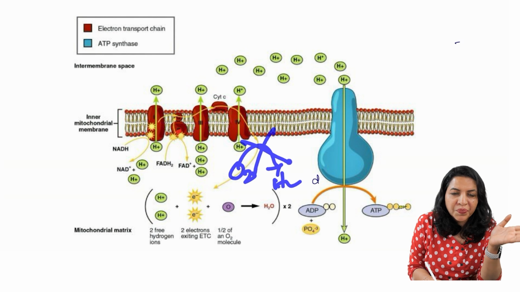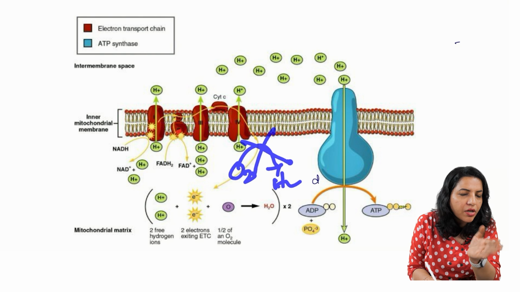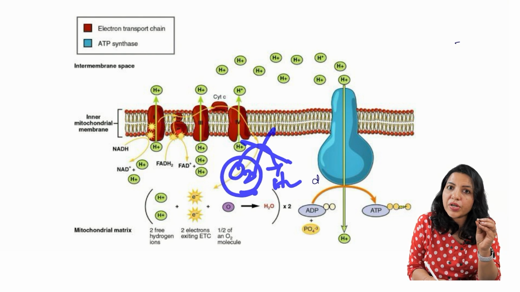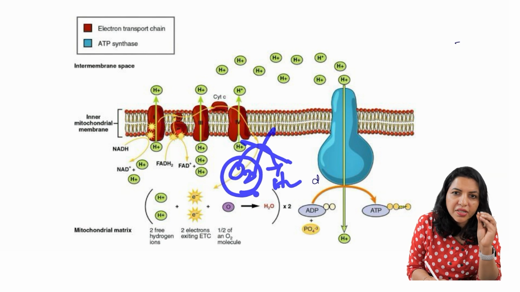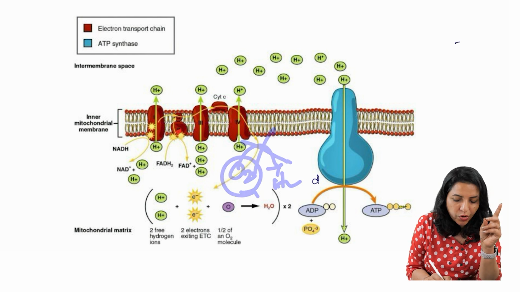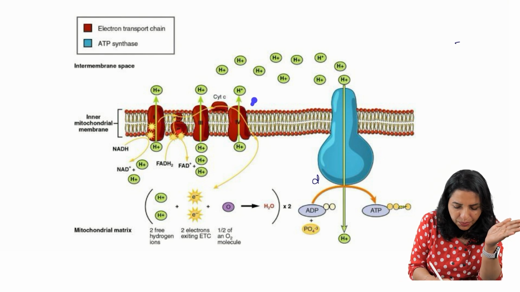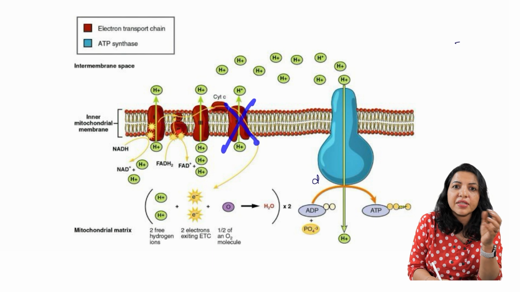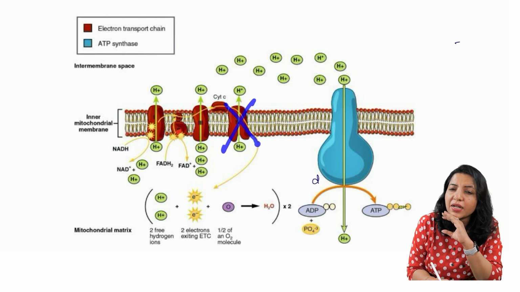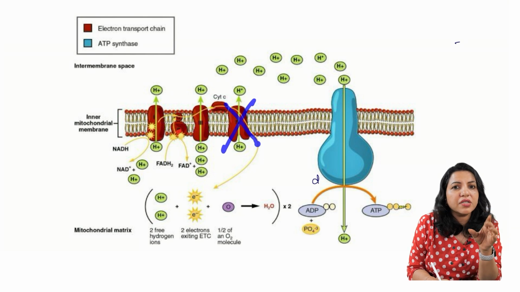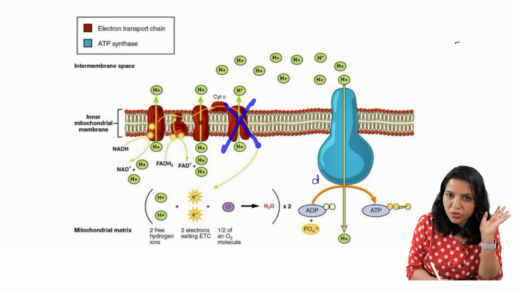If the block is in the electron transfer, then oxygen consumption is reduced and respiration is blocked. But there is one more point here. If the blocking is late, for example with cyanide, then the electron transfer suddenly stops, oxygen consumption suddenly stops, respiration stops, and hence ATP production also stops.